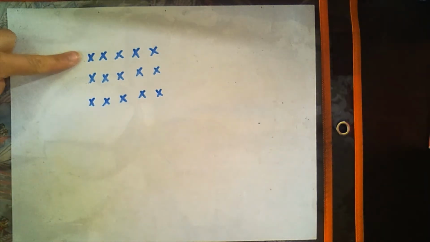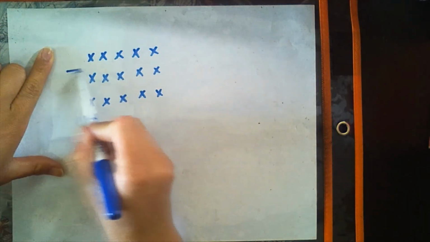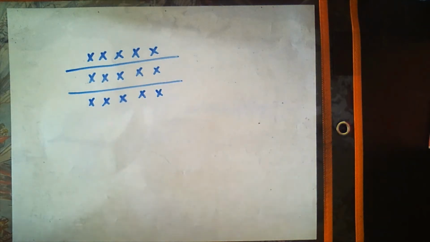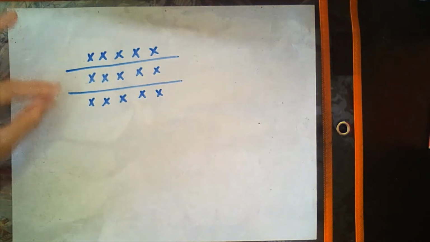For right now, let's call a row a group. Let's add a line between each row. These lines between each row will help us keep our array organized. They help us see each row as a group or a unit of 5.